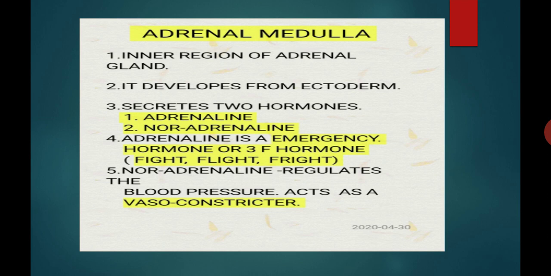There is low blood sugar in an Addison disease person and high blood sugar in Cushing disease patients. There is low blood pressure in an Addison disease person and high blood pressure in a Cushing disease person.